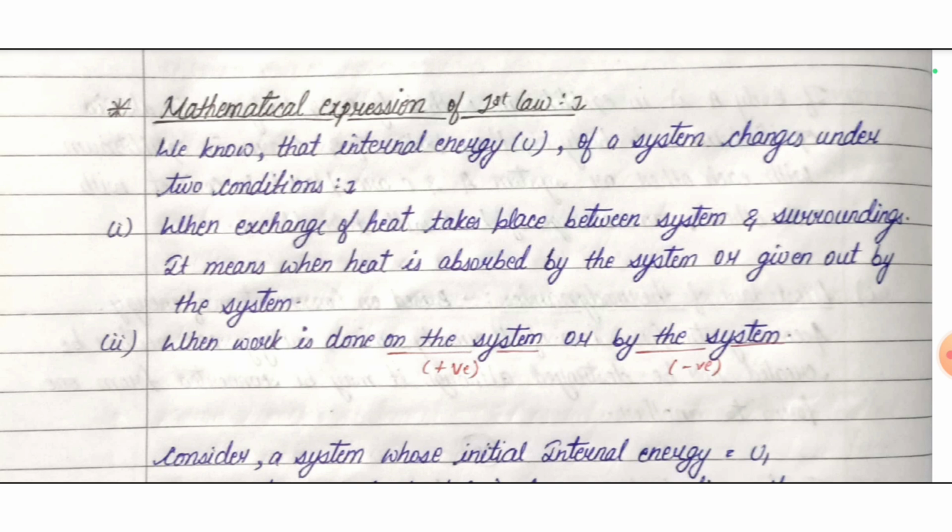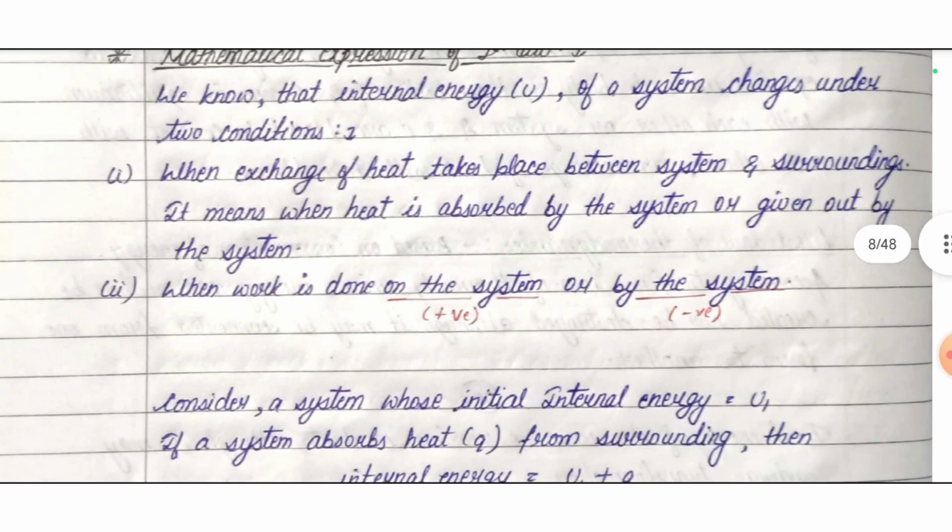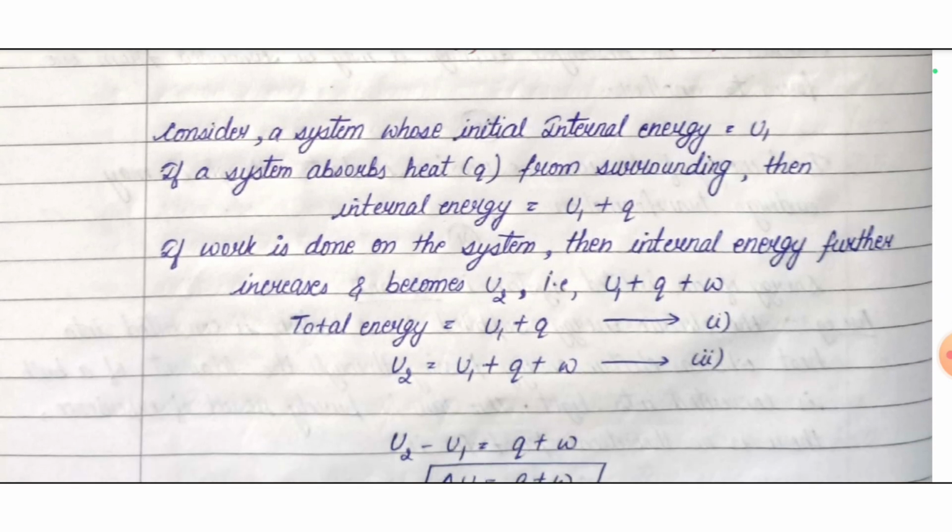Mathematical expression of the first law. We know that the internal energy of a system changes under two conditions. First, when exchange of heat takes place between system and surroundings, that is, when heat is absorbed by the system or given out by the system. Second, when work is done on the system or by the system.